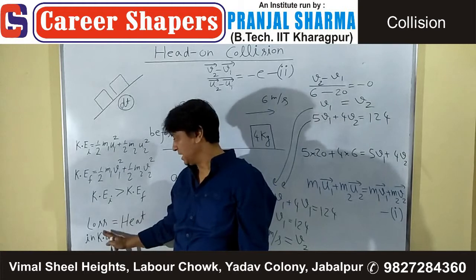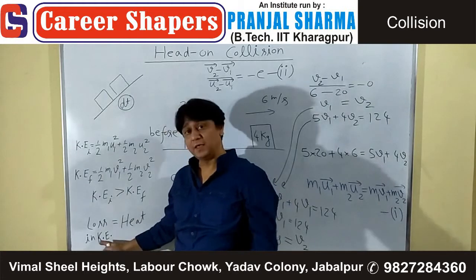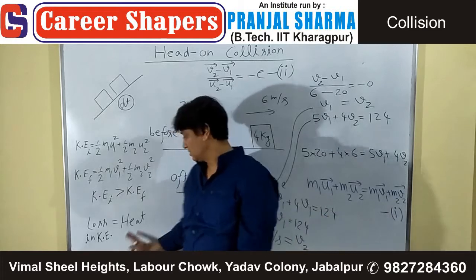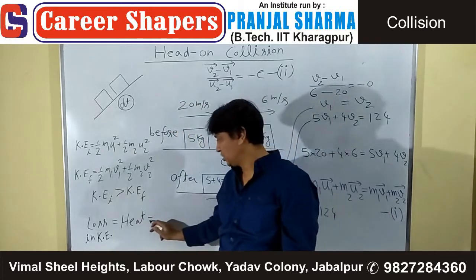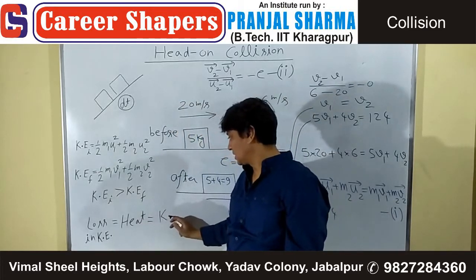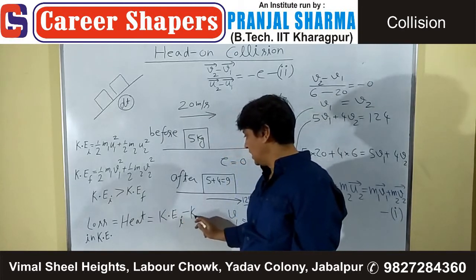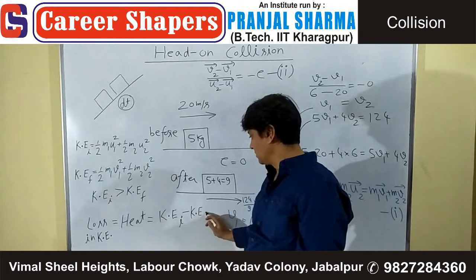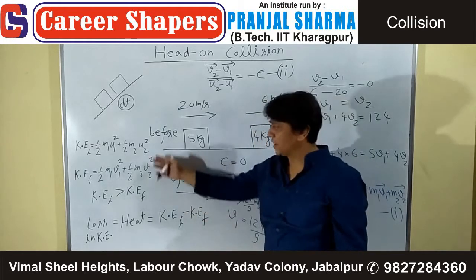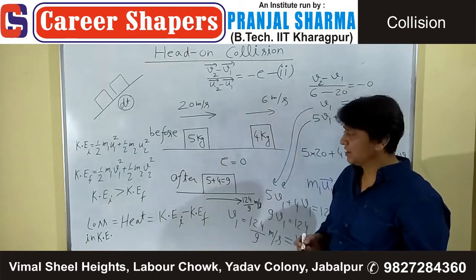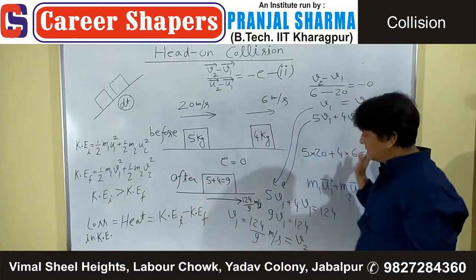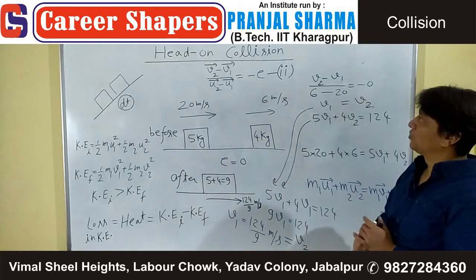Loss is in the kinetic energy only, and this loss is coming out as what? Heat. How much heat? Kinetic energy initial minus kinetic energy final. You can calculate these values and then subtract and you will get the answer. Note down everything.